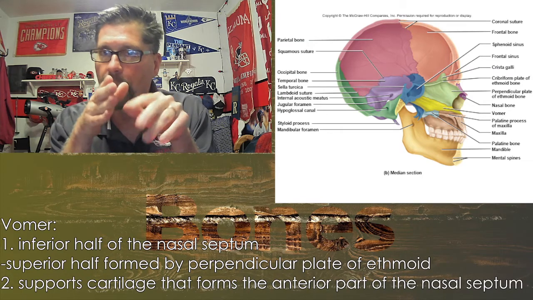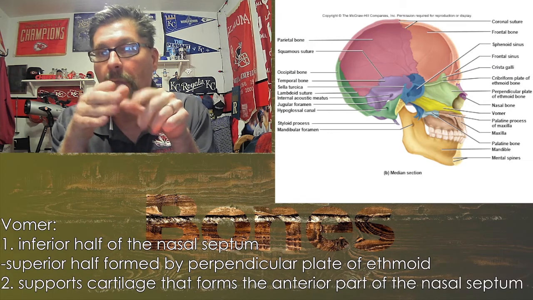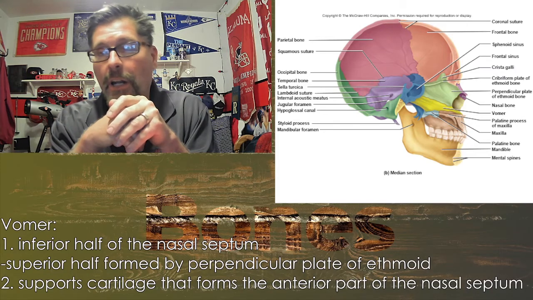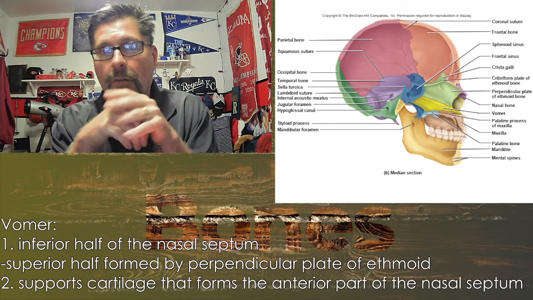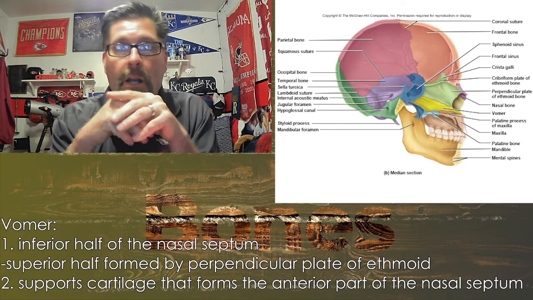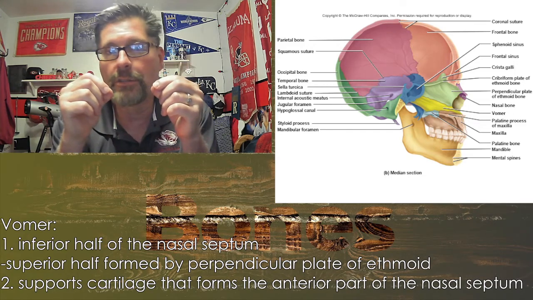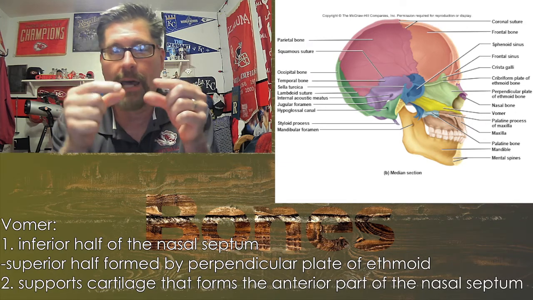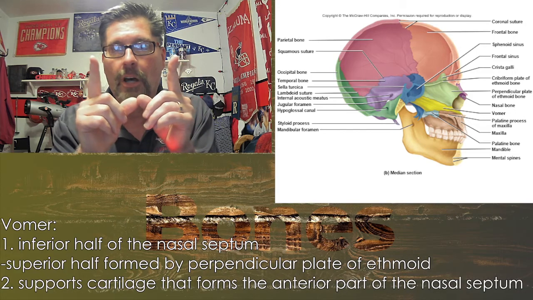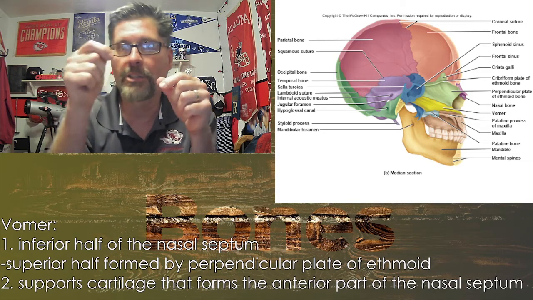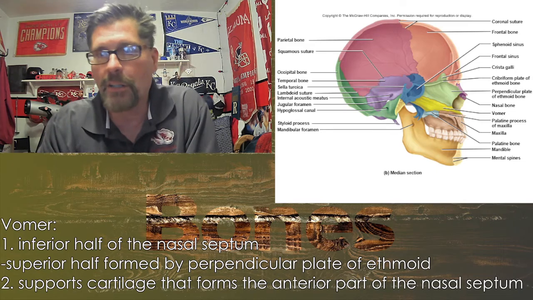skulls, and if you're in Mrs. Wilson's CNA class, she's got a nice color coded skull and the vomer can be taken apart and put back together. The vomer is pretty easy to see, because when you take it apart, it's just a flat bone, about this long, and it's real thin, and it sticks up in there like a tab A into tab B kind of a thing.